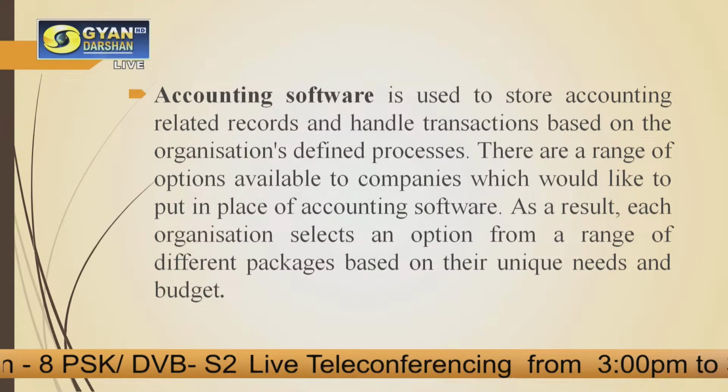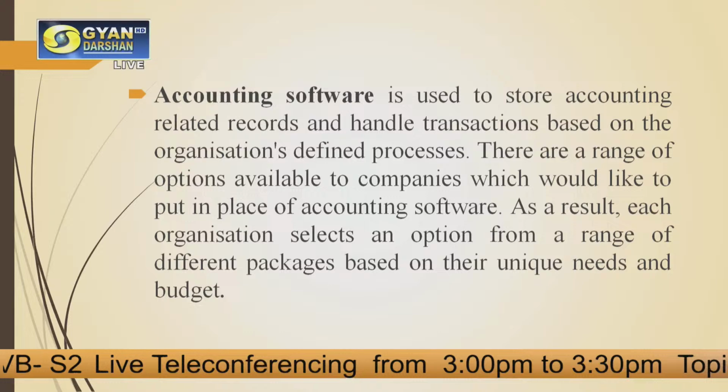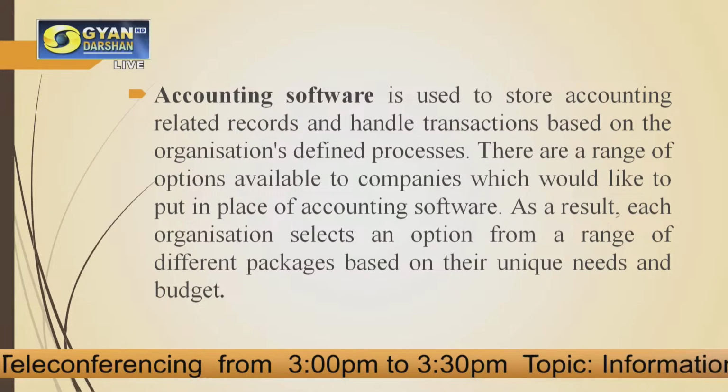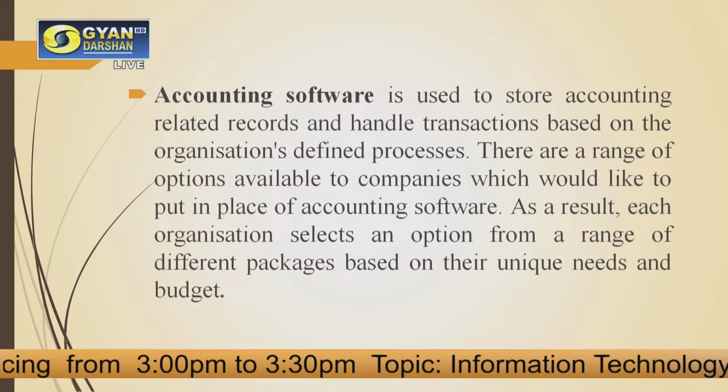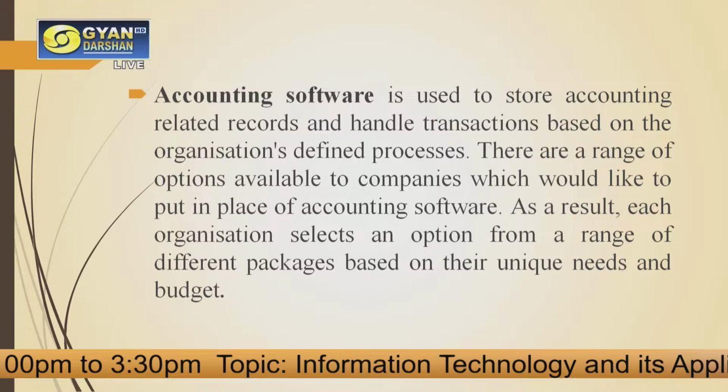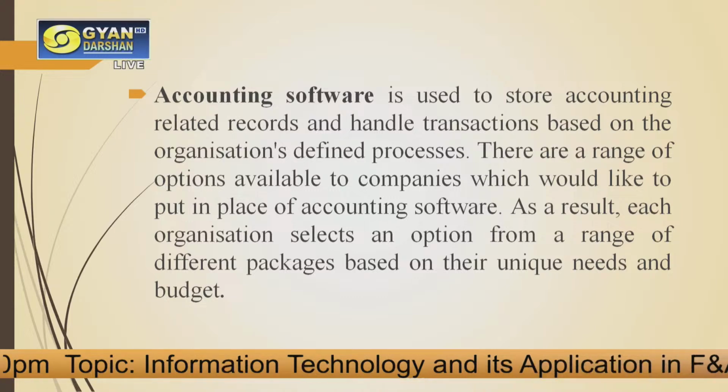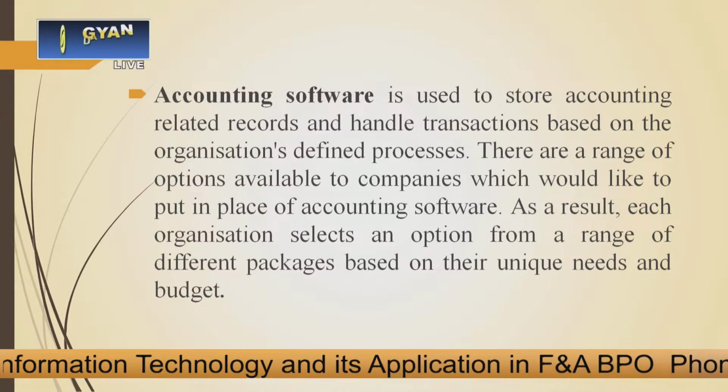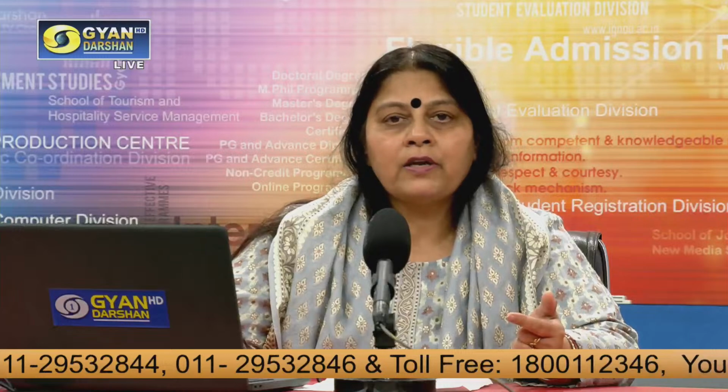There are a range of options available to the companies which would like to put accounting software in place. As a result, each organization selects an option from a range of different packages based on their unique needs and budgets. See, all organizations, all industries, have a different set of requirements as far as accounting software is concerned. Some might be using the accounting software for HR purposes. Some might be using it for finance and accounting purposes.